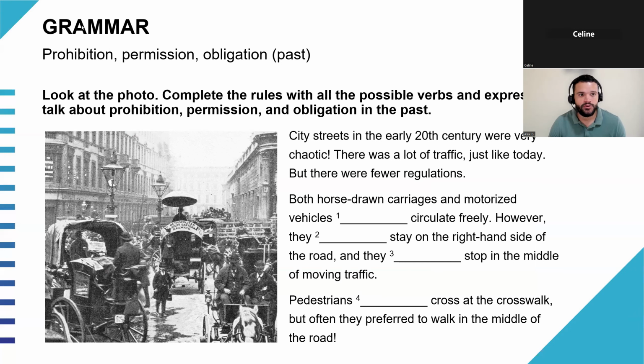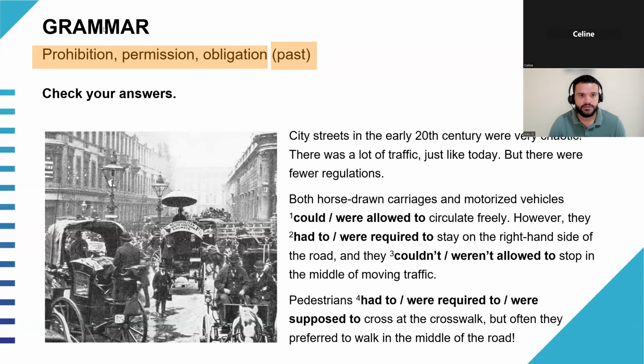This is still prohibition, permission, and obligation, but now it's going to be the past. So how do we make this into the past? Here, you can see that to make the past, we just have to change the verb form. So can now changes to could.